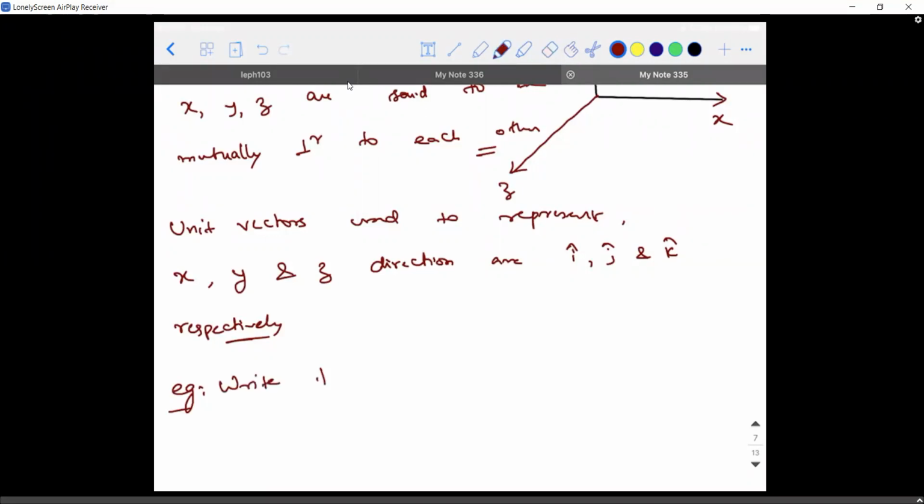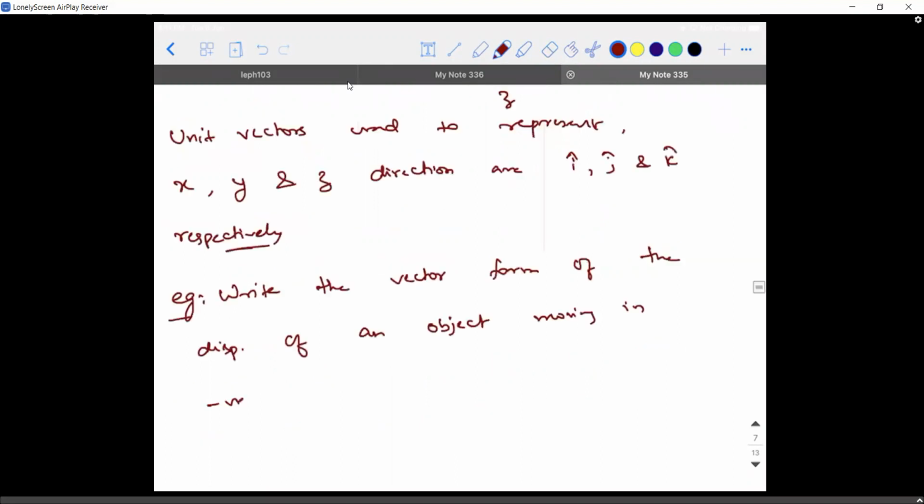In a similar way, let me take an example. Write the vector form of the displacement of an object moving in the negative z direction with a magnitude of 10 units.